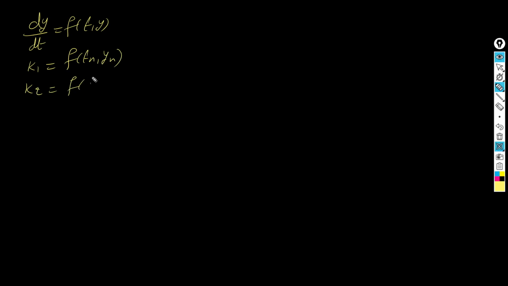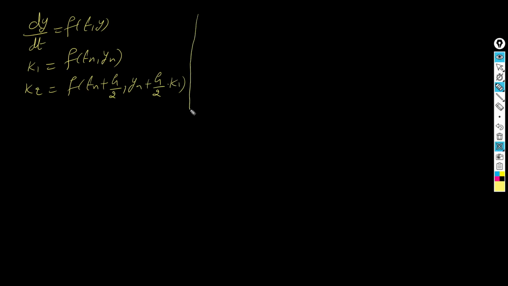Note that dy/dt is equal to f(t,y), and k1 is equal to f(tn, yn) for the Runge-Kutta method, and k2 is equal to f(tn plus h/2, yn plus h/2 k1).